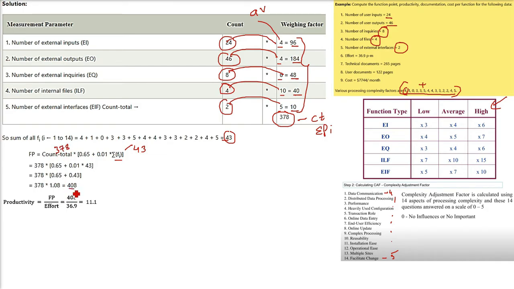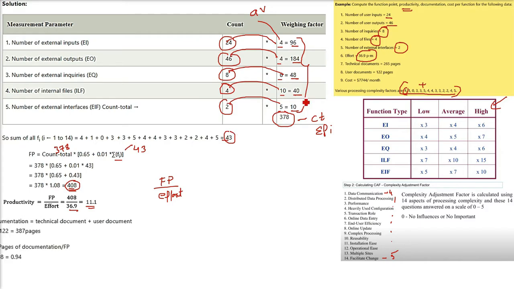Now this is the function points. Now you have to compute the productivity. What is the productivity? Productivity is simply the function points divided by the effort. Function points is 408. Effort is 36.9 person months. Divide them. What do you get? 11.1. So this 11.1 value is the productivity. Then the documentation.